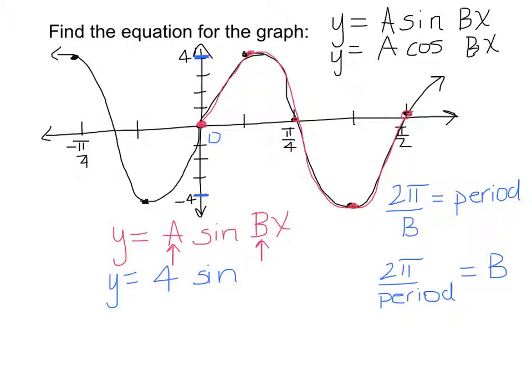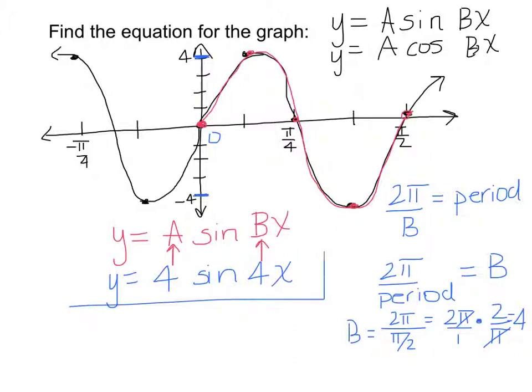Start at 0, ended at pi over 2. So that distance is pi over 2. So you're going to do 2 pi divided by pi over 2, which is the same thing as 2 pi times 2 over pi, which is equal to, these cancel, 4. So B is 4. And there's your equation.